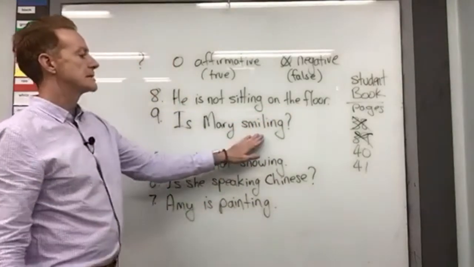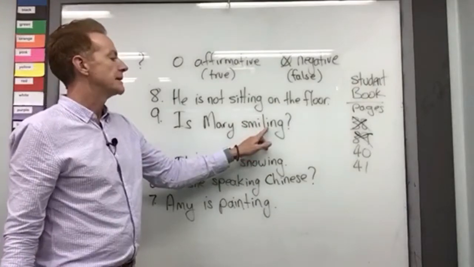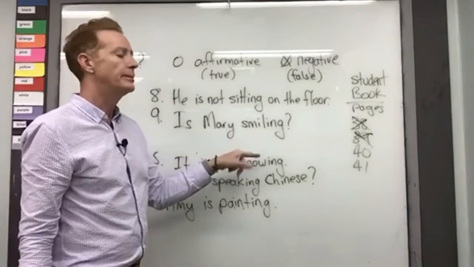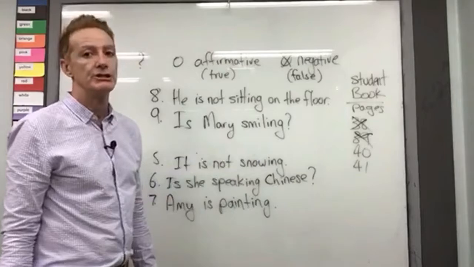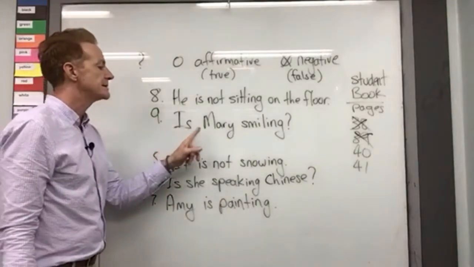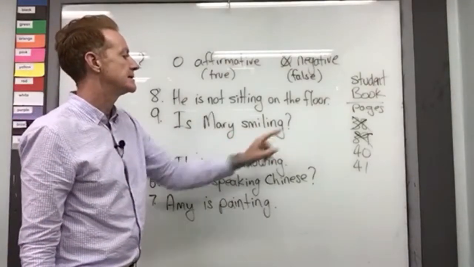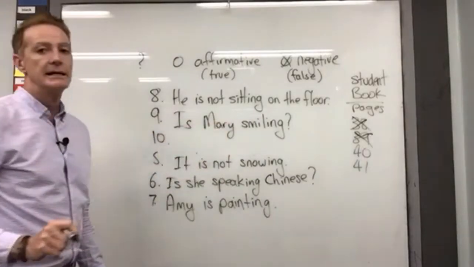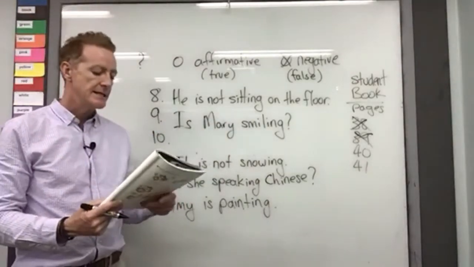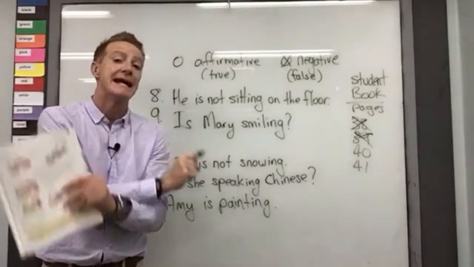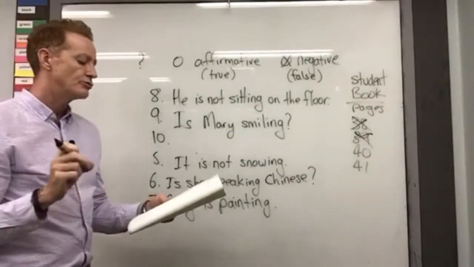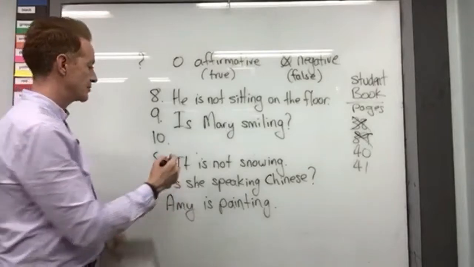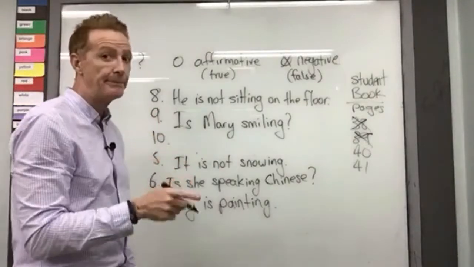Now, our verb was smile with an E, but smiling, you drop the E and add ing. So the question again, is Mary smiling? And end with a question mark. And the last one, number 10, this is negative because it has an X there. You read a newspaper. So this is negative. It is not happening.